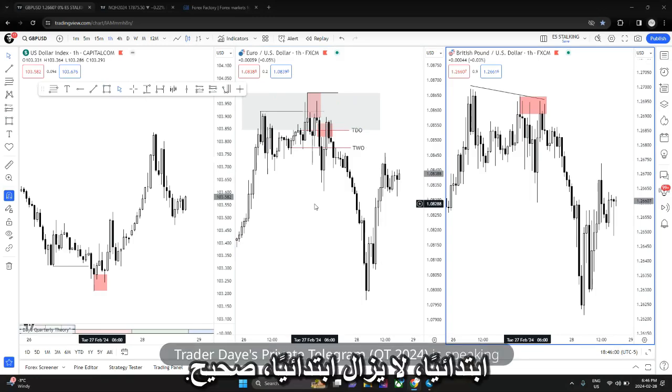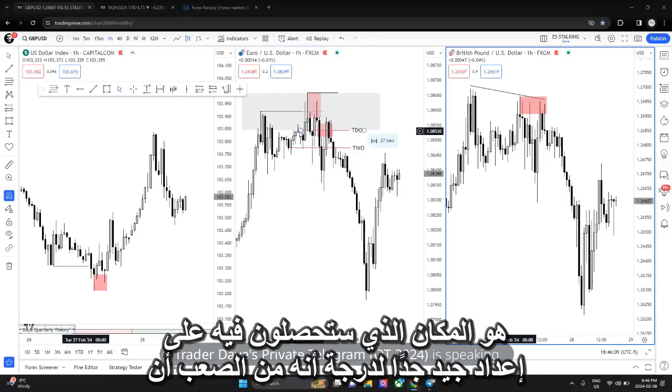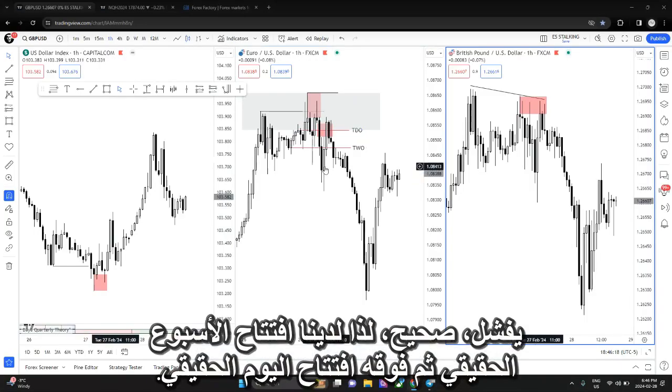Still elementary, right? So the true day open, stacked above the true week open. Look, this is where you will have a setup that's just too good to fail, right? So we have the true week open, then above that, the true day open.